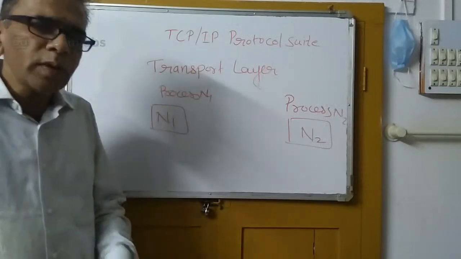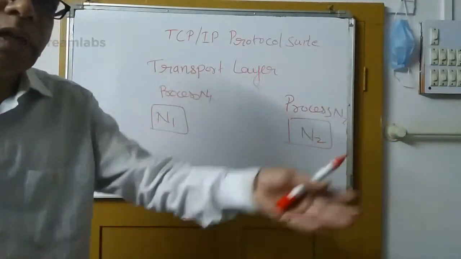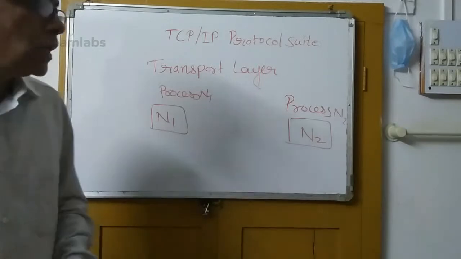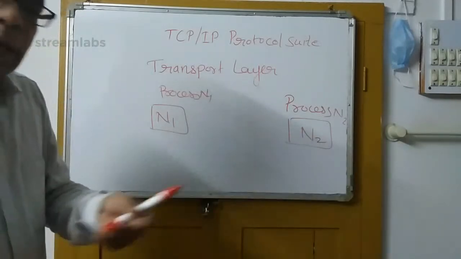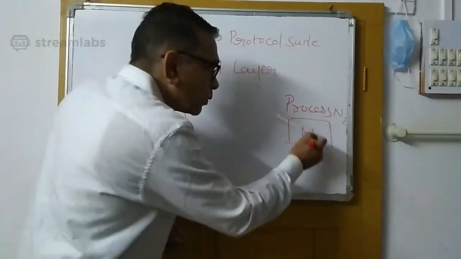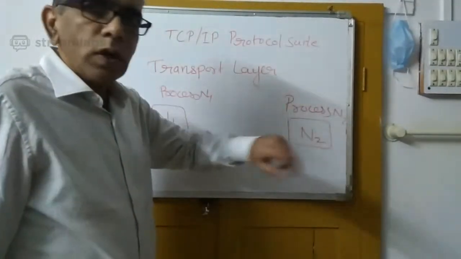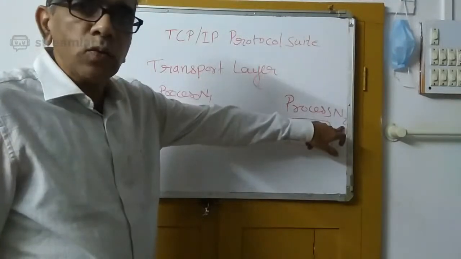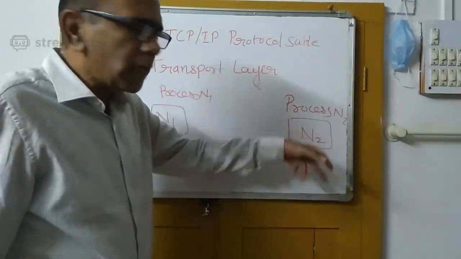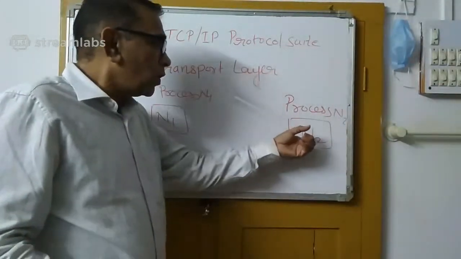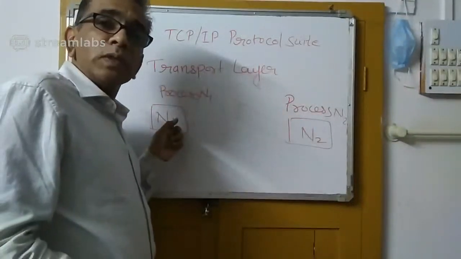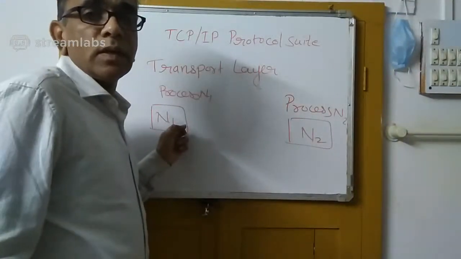So that means you are trying to communicate with different processes. Say, for example, there is a possibility that you are communicating with a different process which is running on the same machine. So on N2 you are talking about some specific process which is running on N2. There is a possibility that one more process is running over here, which is communicating with one of the processes running on N1.